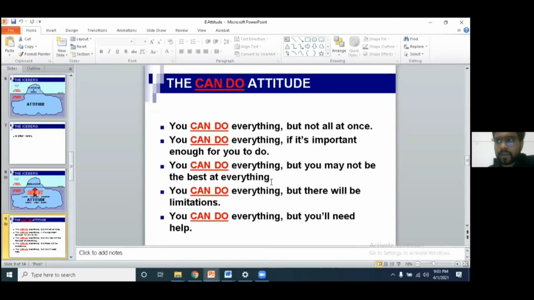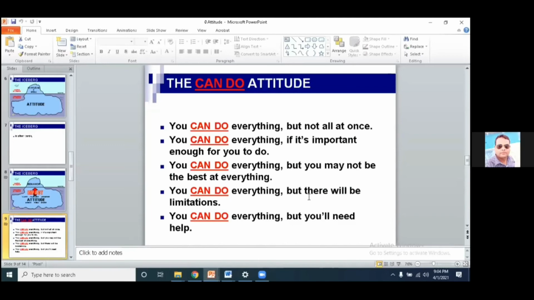Because you may be good in math, but you can't be good in English or in any other subjects like accounting, like management. You can be the best in one subject or two or three subjects, but not in 10 subjects.